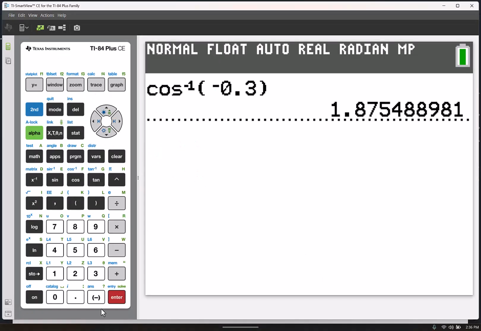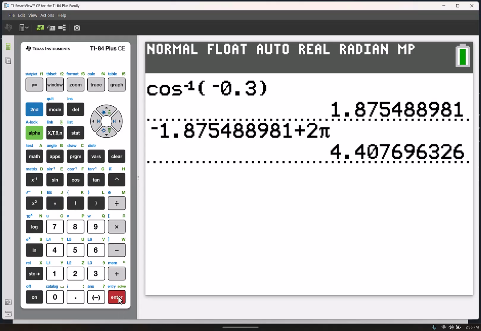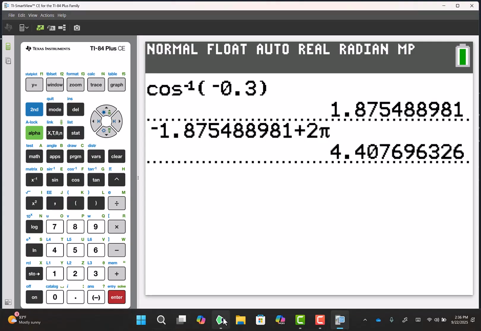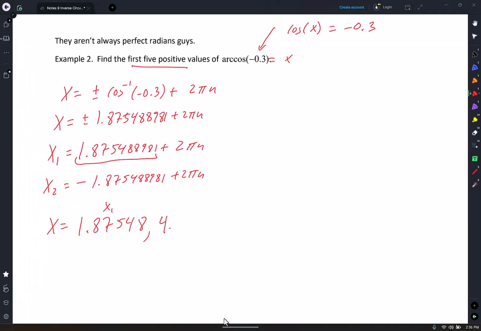I'm going to put a negative in the front, scroll up, push enter, and see, it brings it down. And I'm going to push plus 2 pi. Enter. 4.40769. That one came from x2. Does everyone see what I did there, guys?